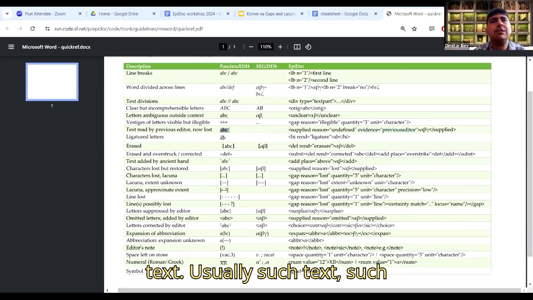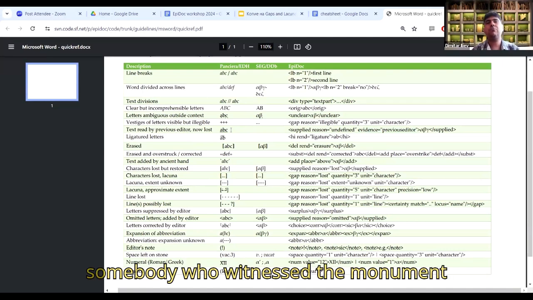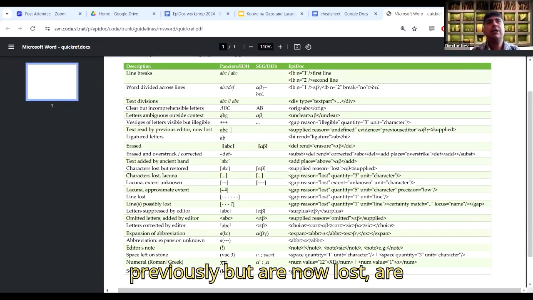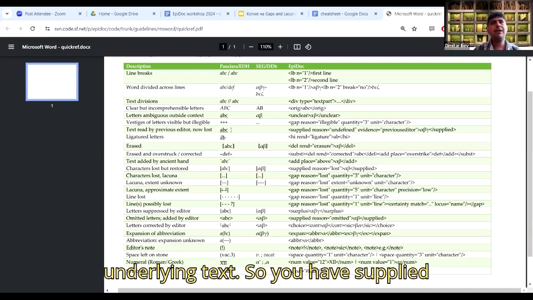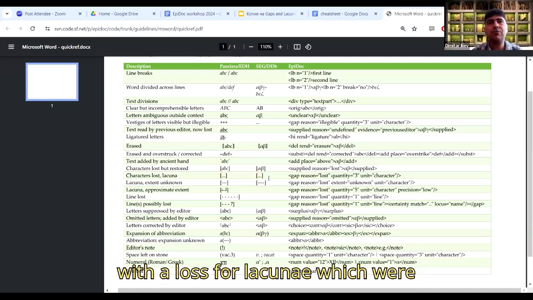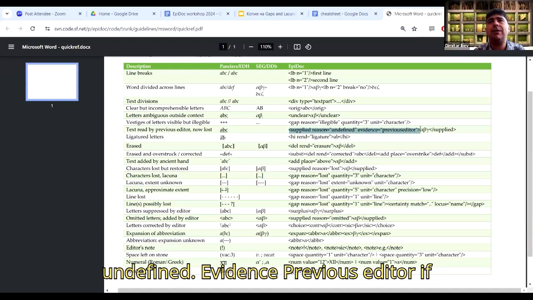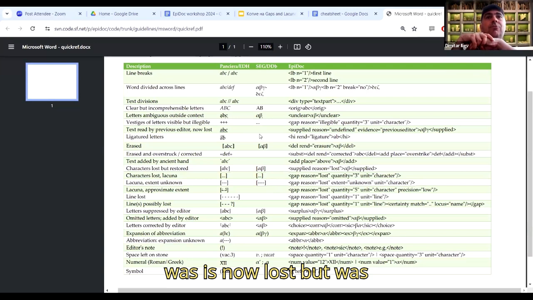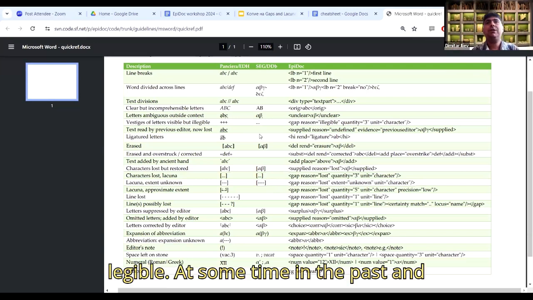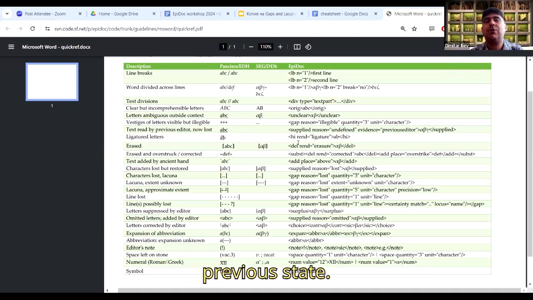Usually such passages, which have been read by somebody who witnessed the monument previously but are now lost, are rendered in editions with underlined text. So you have supplied reason lost for lacunae which were restored by the editor, and supplied reason undefined evidence previous editor if you have something which is now lost but was legible at some time in the past and somebody saw the monument in its previous state.